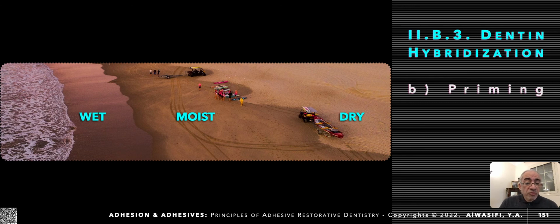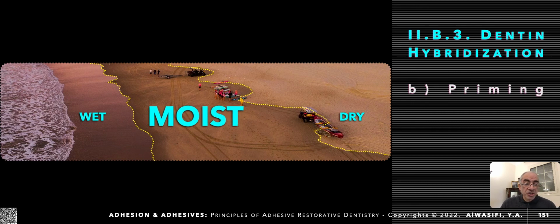Usually the most favorable zone to be used by people entertaining at the beach is the middle one, which is the moist one. Why? Because the most left one, which is wet, they couldn't enjoy the beach because of the water, okay.